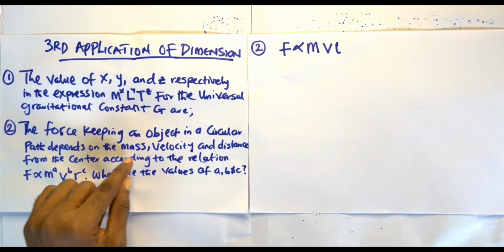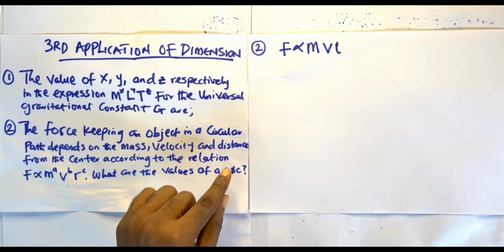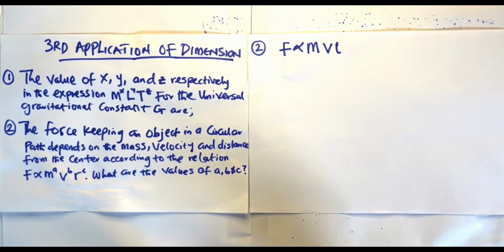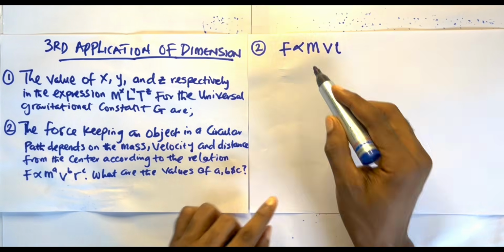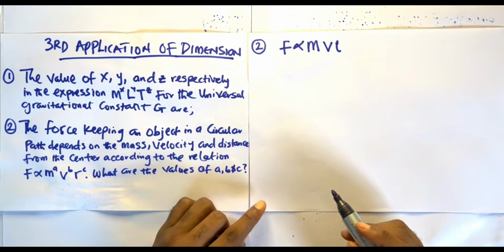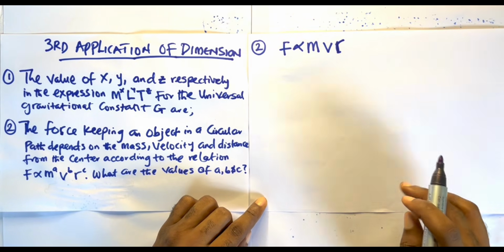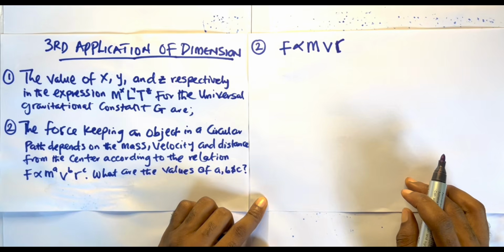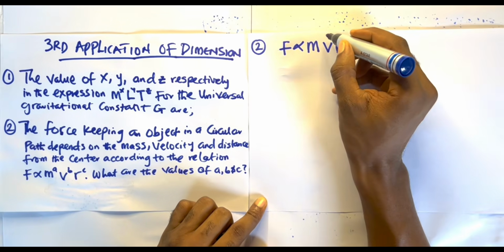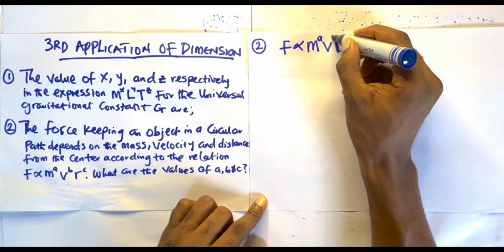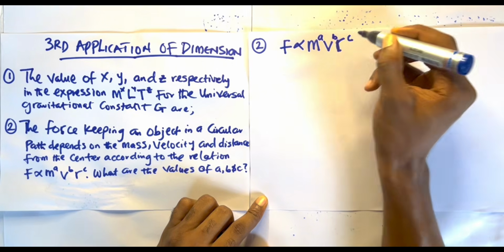Once the force is depending on these three quantities, you're going to be making F directly proportional to the three quantities. That's the first thing you do, just as I'm doing here. So that's R, not L. So therefore, we have a, b, and c.